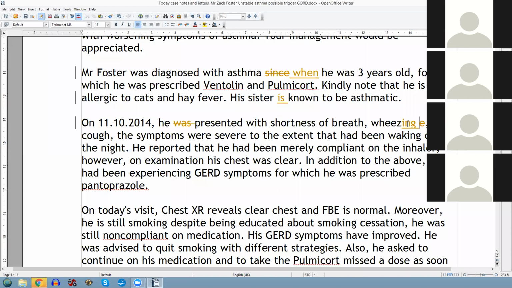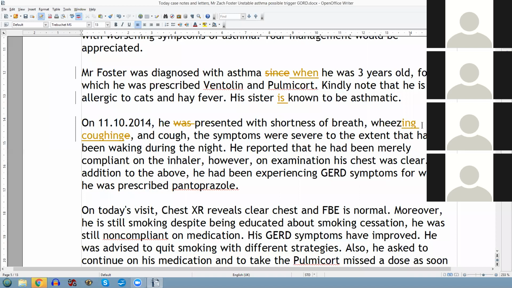And why is it separated by a comma when you've got and? Why not simply say wheezing and coughing? Now, with shortness of breath, wheezing and coughing, the symptoms of which were severe to the extent that he had been waking, or that he had been kept awake.